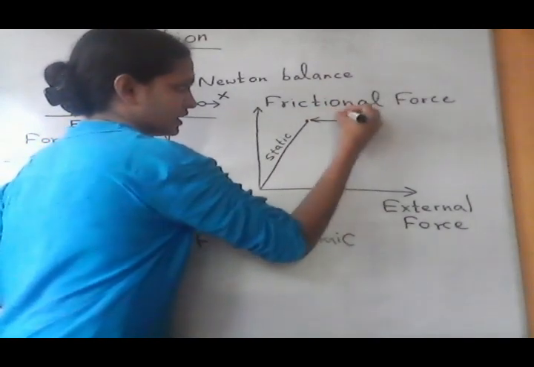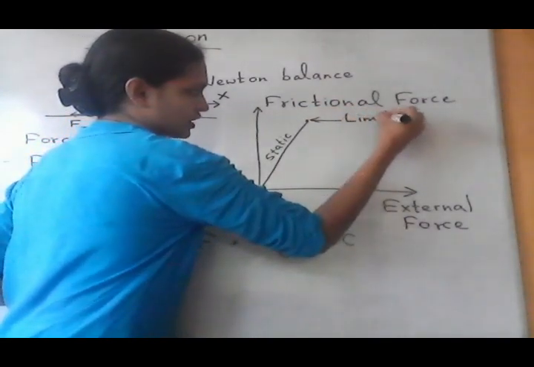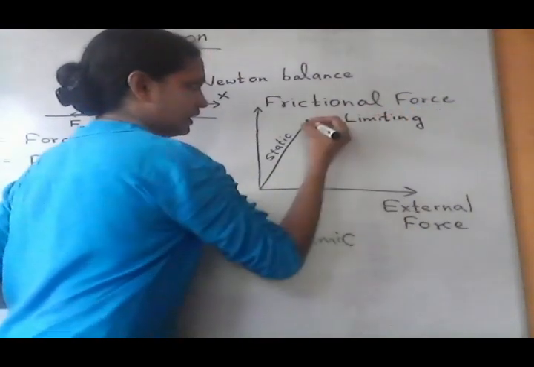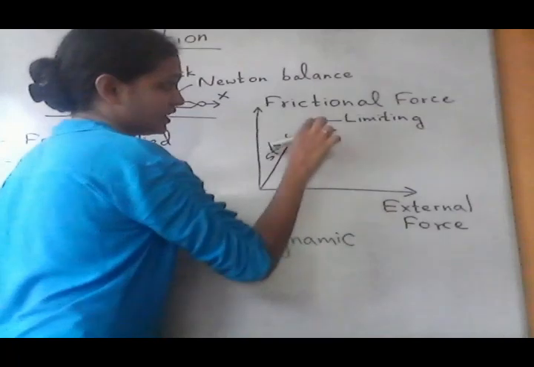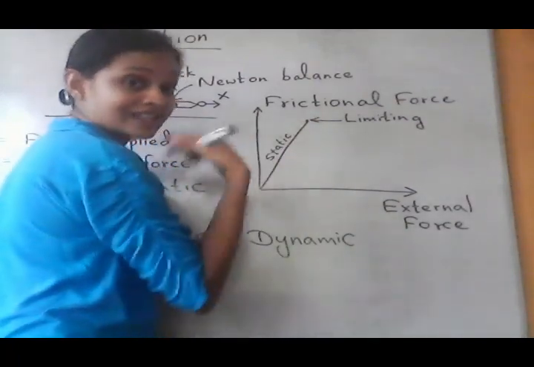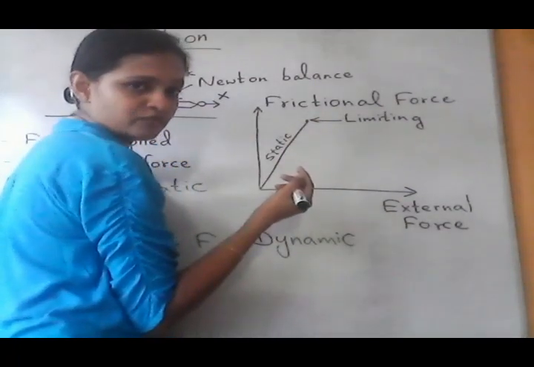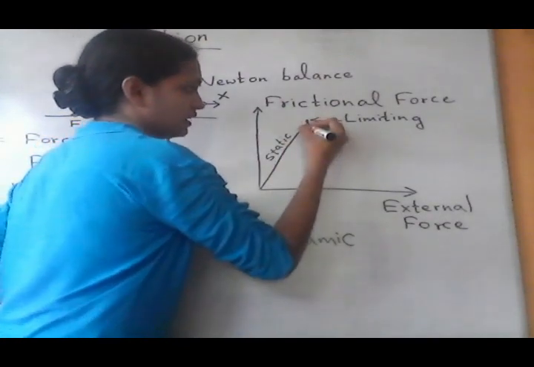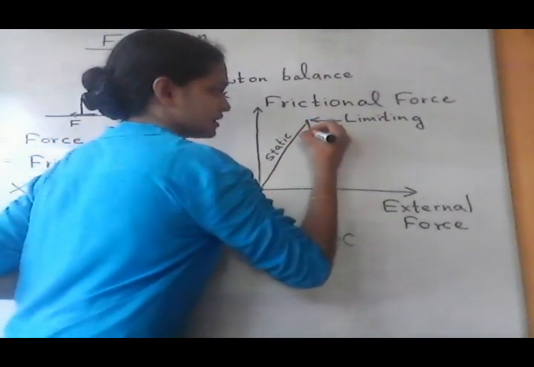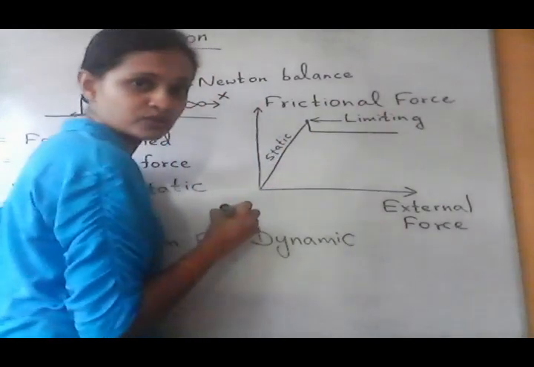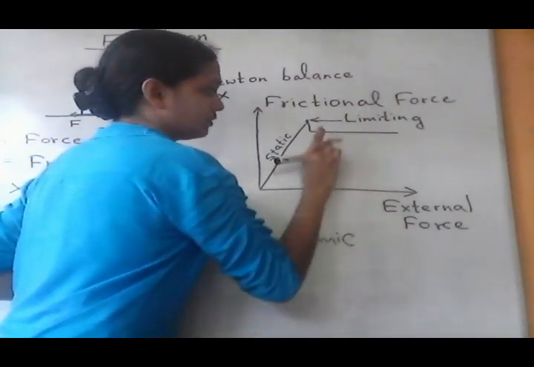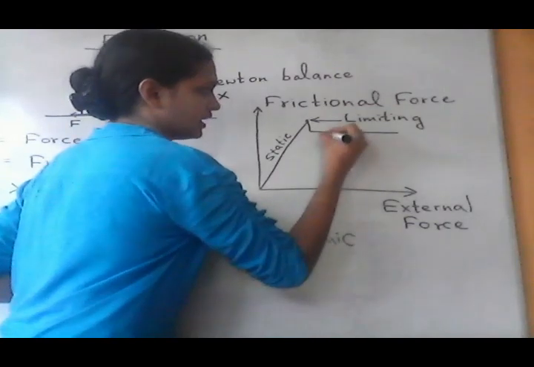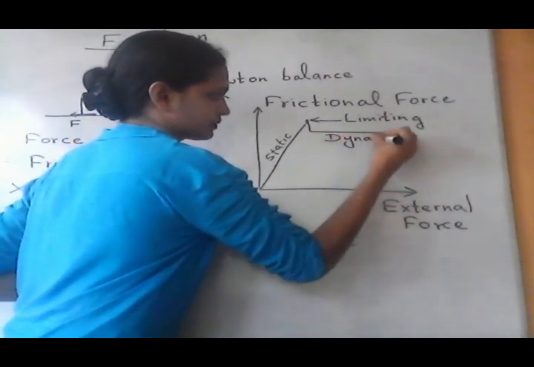Then it is known as the limiting frictional force. And then once the force applied has exceeded the maximum frictional force, the object will move continuously. There, the frictional force applied is known as the dynamic frictional force.